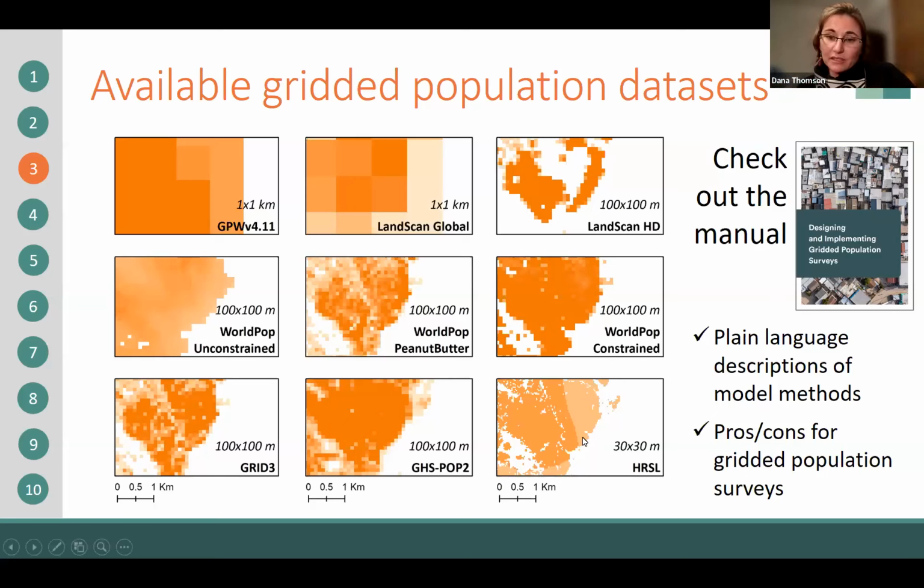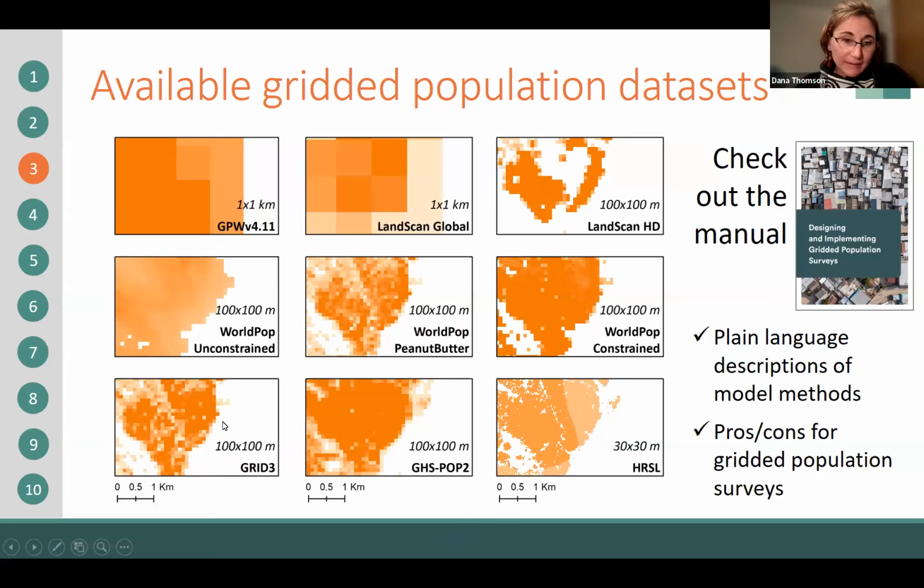So HRSL is a good example, where you see that all the cells in this area seem to have a similar population count. They probably do. All of those cells were given the same estimate. It was a simple algorithm that helped to disaggregate those counts.